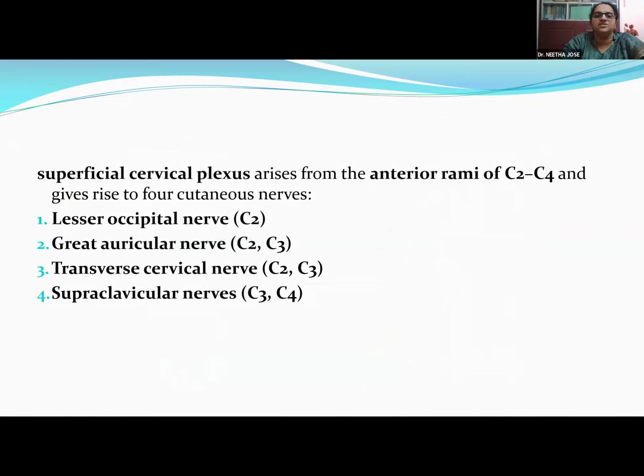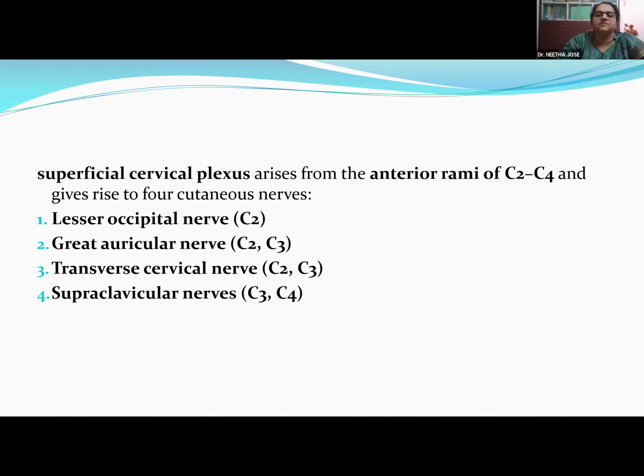Lesser occipital nerve, C2, supplies the skin and scalp posterior to the auricle. Greater auricular nerve, C2, C3, innervates the skin around the ear, concha, auricle, and external acoustic meatus. The transverse cervical nerve, C2, C3, supplies the skin of the anterolateral neck and the lower part of the head. Supraclavicular nerves, C3, C4, innervate the skin on the shoulder and upper part of the arm.